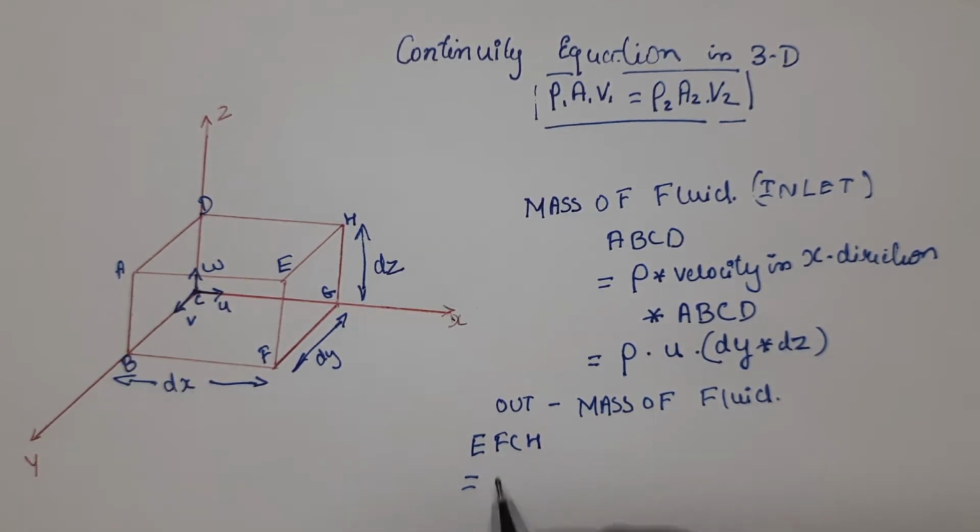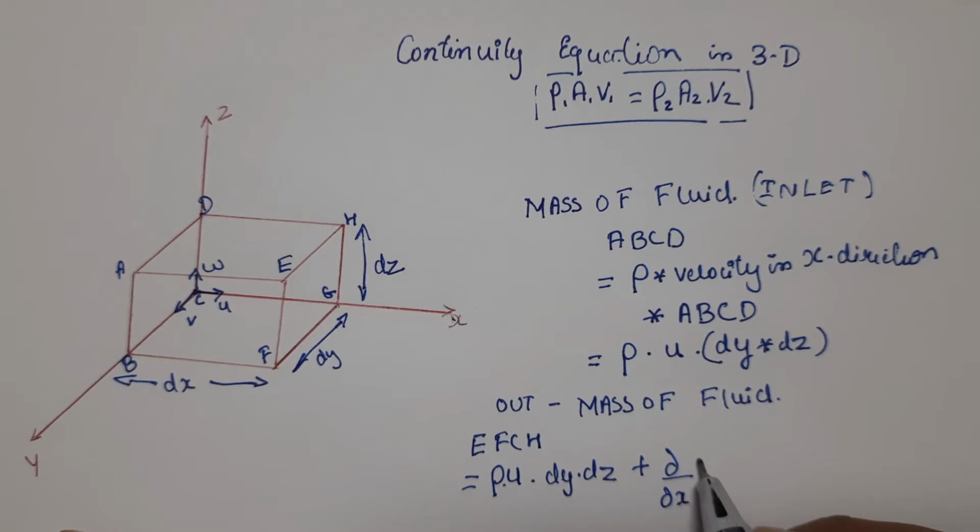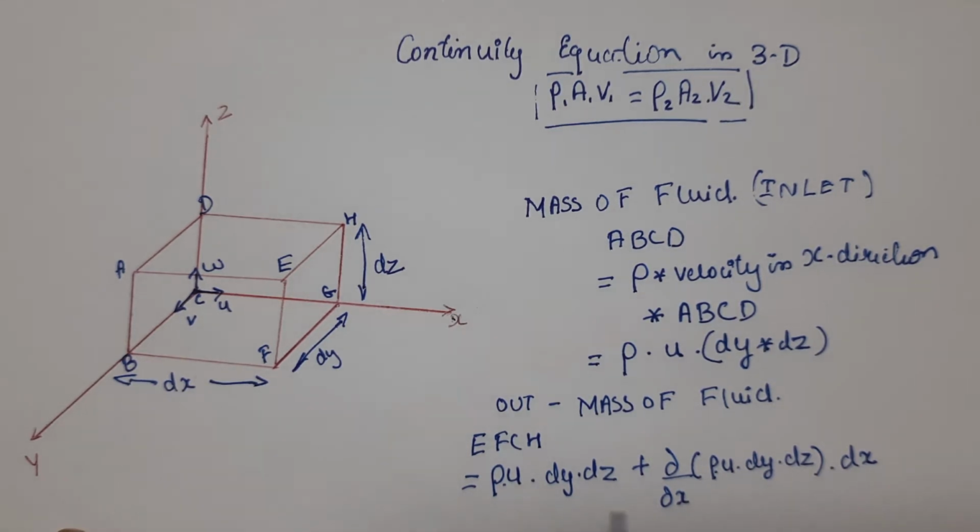So we write this as rho u dy dz plus dou by dou x of rho u dy dz in the direction of dx. This is the mass of fluid leaving, the outlet here.